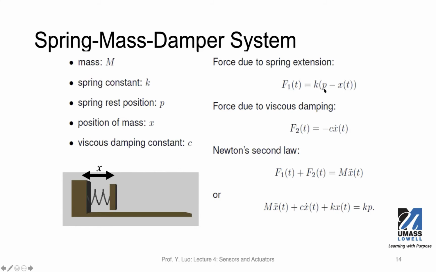So based on how far this movable piece is from the neutral position, the spring will be generating a force to pull it back. So this is what essentially is describing that force. And this is the spring constant, and this is the displacement of that movable piece.